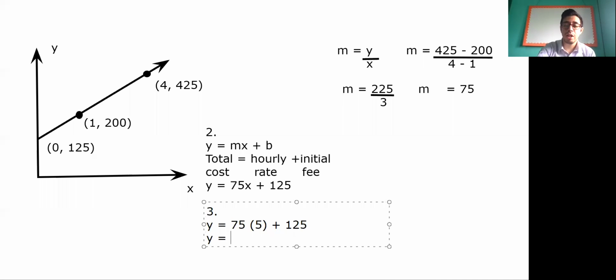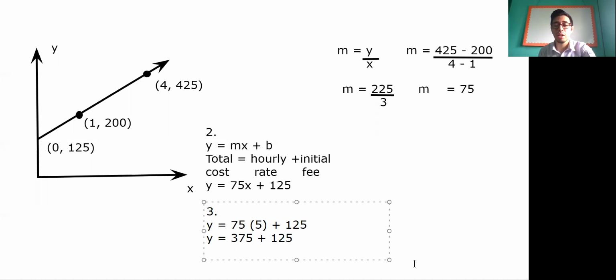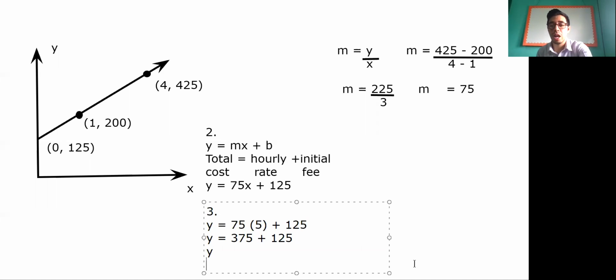What is the result of this multiplication? It's 375, right? And I only need to add the 125. This is the initial rate. When we have the result for this, it is 500.